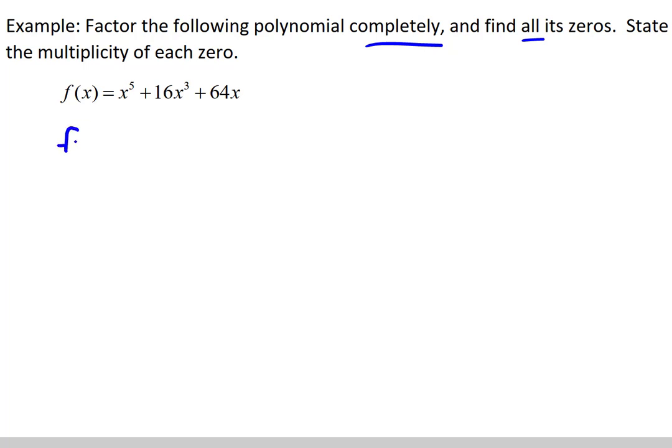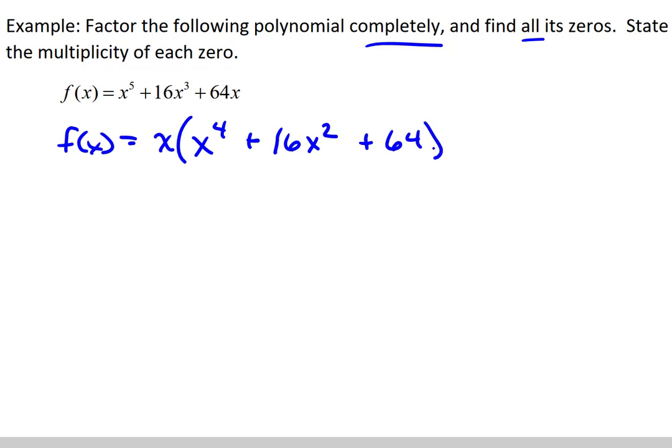In other words, we look for a greatest common factor and then apply any other tricks we have. For this function, there is a greatest common factor of x, and if we factor the x out of all terms, that leaves us with x to the fourth plus 16x squared plus 64.